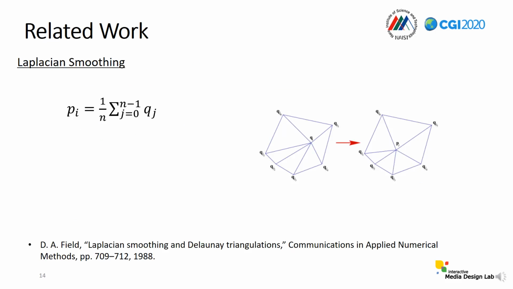It's a very simple method. It calculates the average of the one-ring neighborhood for each vertex and moves the vertex to this average position. However, Laplace smoothing has different problems such as shrinkage and failure to preserve features.